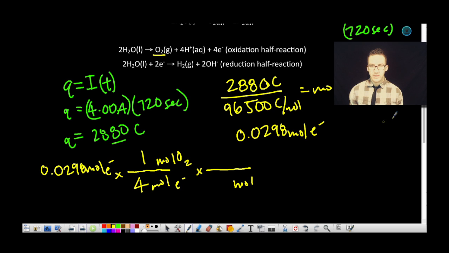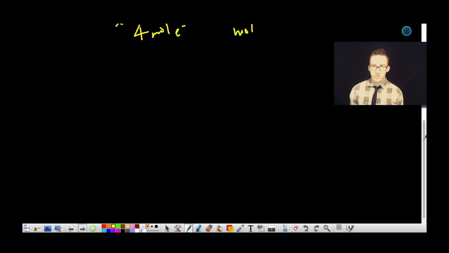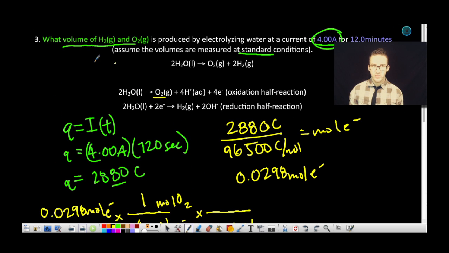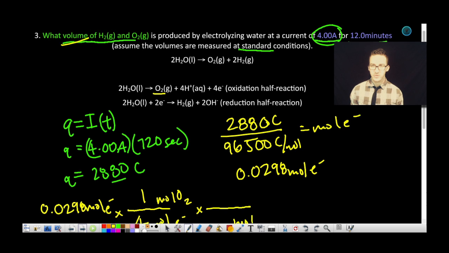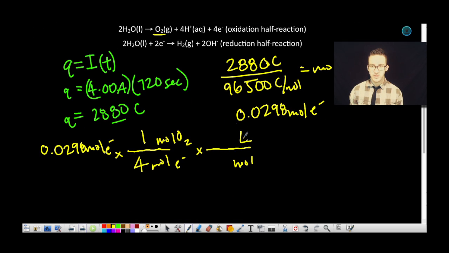And because we want the volume of the gas, we need to do one more step here, moles to liters. Because we're at standard conditions, 22.4 liters is 1 mole. When we solve this, we end up with 0.167 liters of oxygen gas.